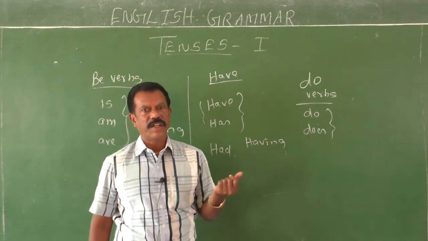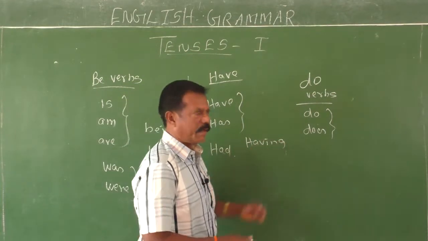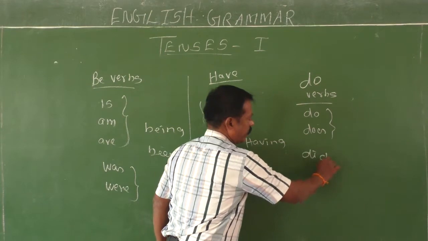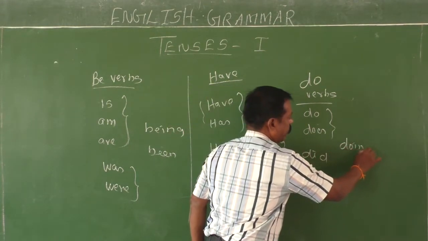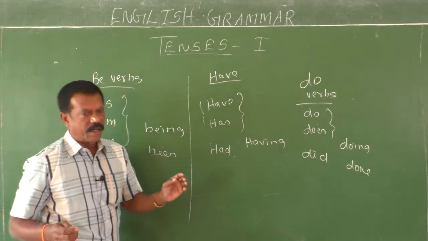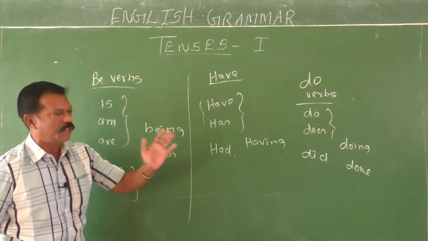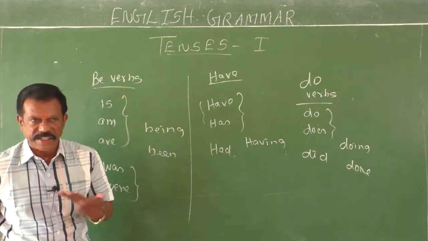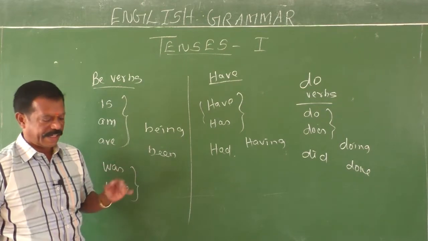We use does only for the third person singular, he, she, it. And what's the past form of do and does? Did. Present participle, doing. Past participle, done. You should know all these forms. These various forms of verbs, be verbs, have verbs and do verbs, help you to understand the tenses clearly without any confusion. Okay, children? Very nice.